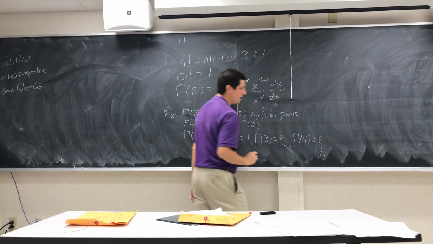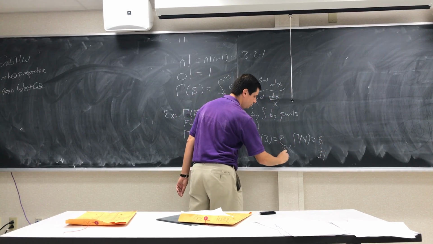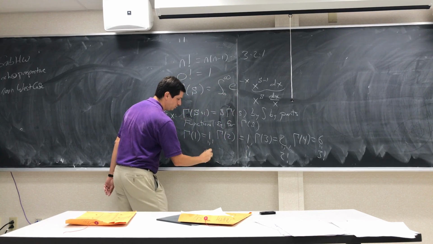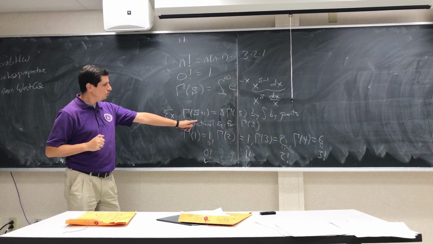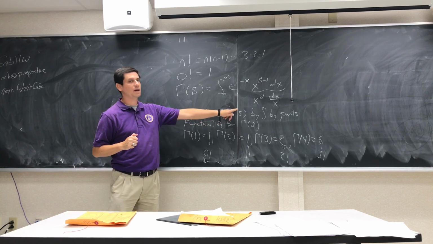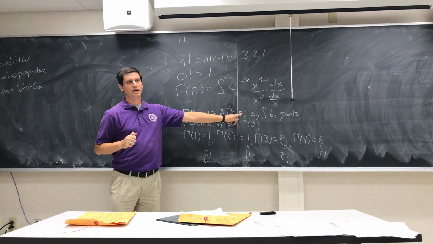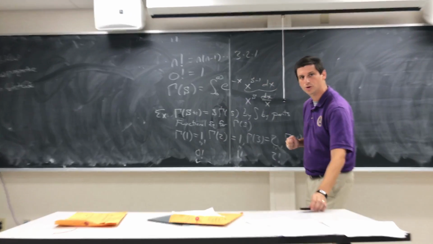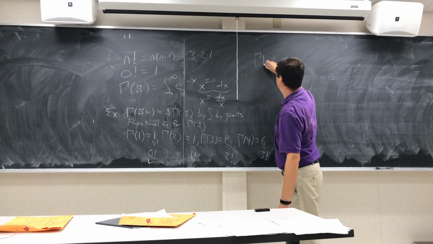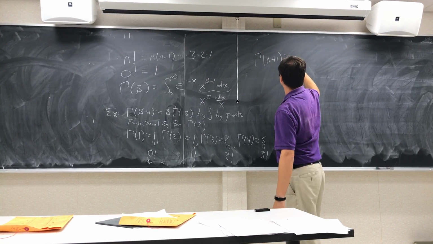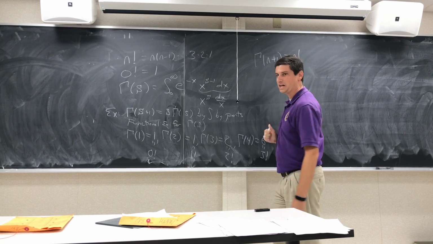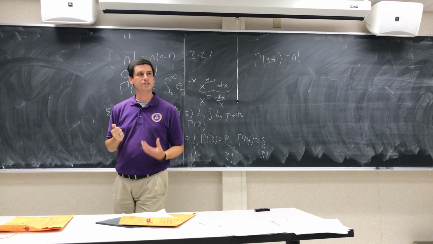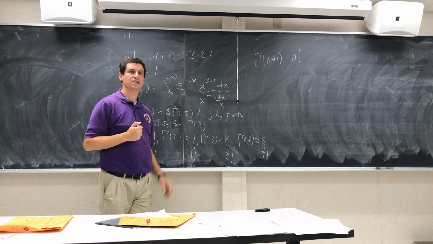And then you realize, 6 is 3 factorial, 2 is 2 factorial, 1 is 1 factorial, and this one is 0 factorial. And if you look at this, gamma of s plus 1 is s times the previous. It's essentially the shifted factorial. So we get gamma of n plus 1 is n factorial. It's unfortunate that there's a slight shift in definition, but it turns out it's more convenient to define it this way.